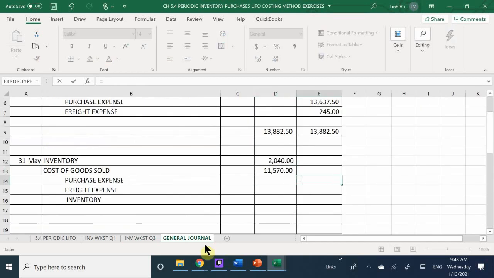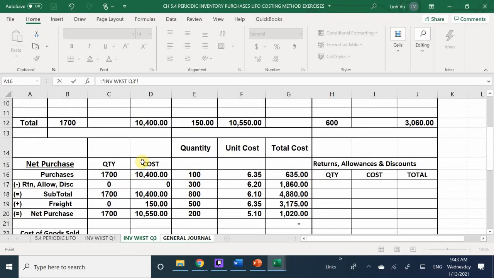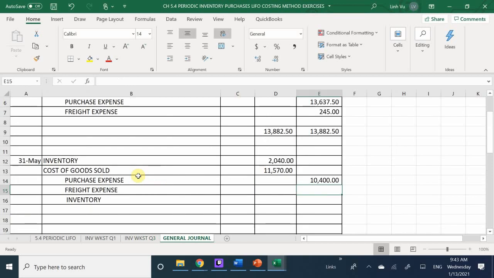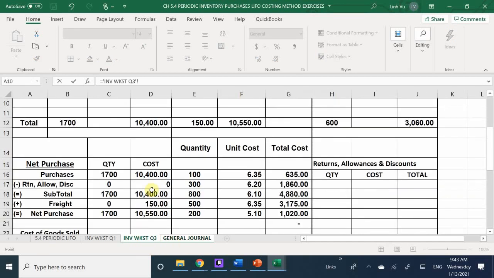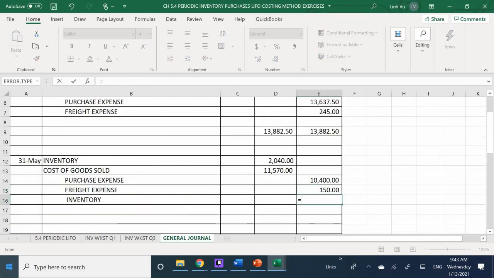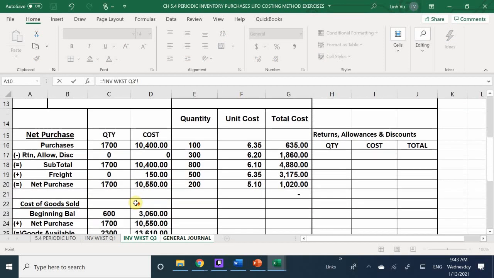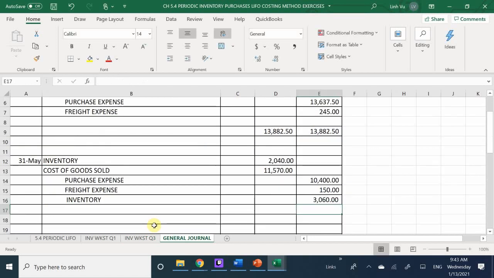What was my total purchases? 10,400. Good. And then what was my total freight? 150. And lastly, what was my actual beginning inventory that I had? 3060. So there you go.